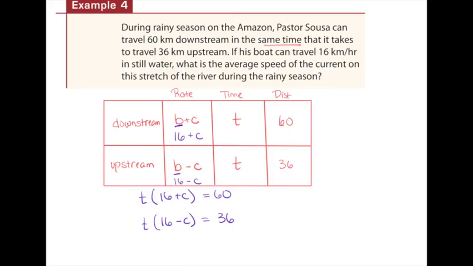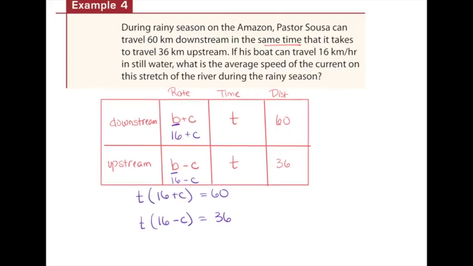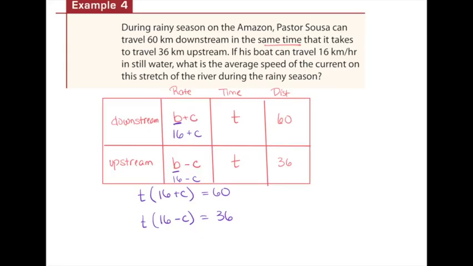For this first group, t times the 16 plus c, I can divide both sides by that entire group. So I have t(16 + c) = 60, and I divide both sides by 16 + c. And t equals 60 divided by 16 plus c.